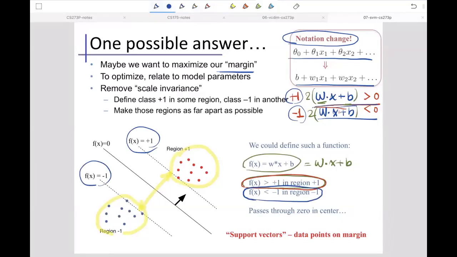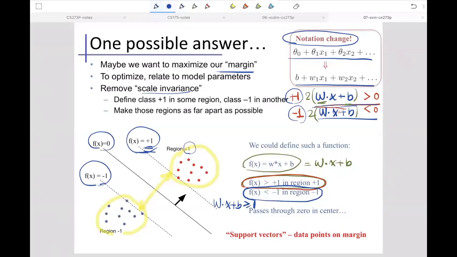The reason we fix these 2 values is such that the exact numbers for W and B are going to be fixed. We do not have this scaling redundancy anymore, right? Because previously I could multiply by a positive constant and it would not change my decision. I want to remove this scale invariance by using this trick. I have f(x) equal to 0, but I want to make sure that all the data labeled +1 has values such that W dot X plus B on this side is greater than or equal to 1.